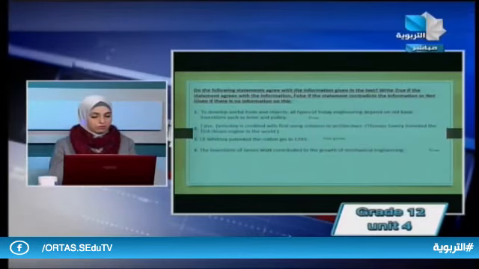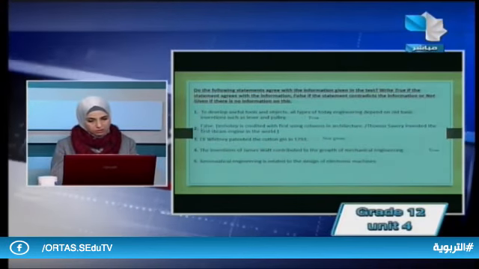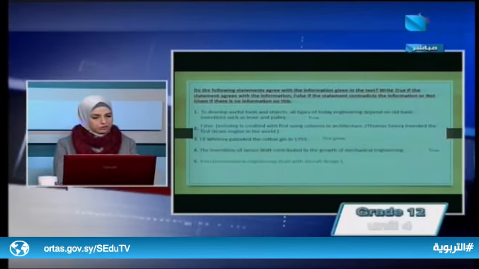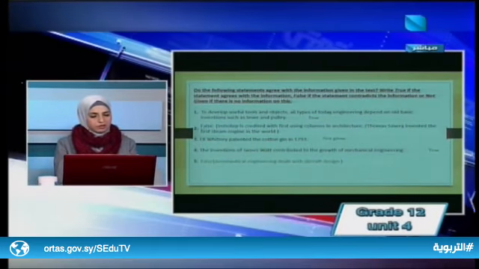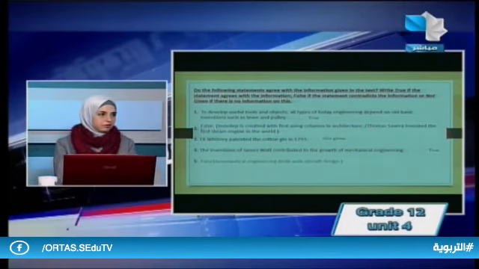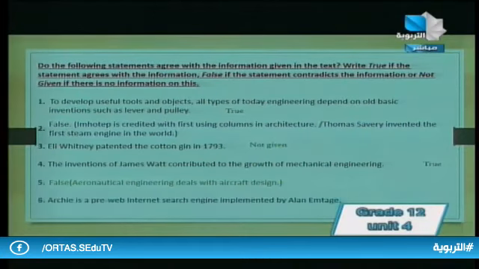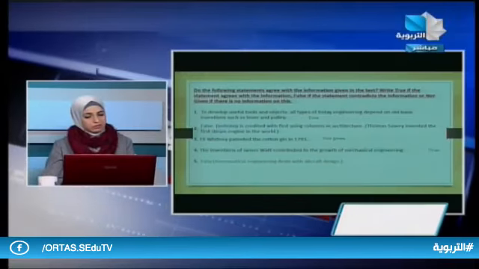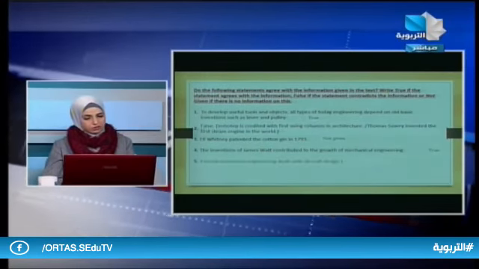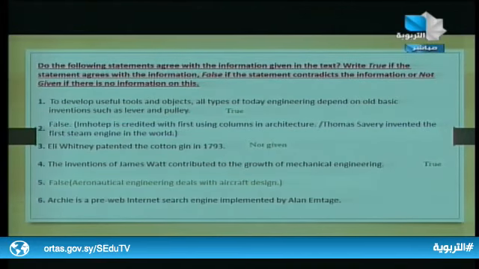It's true. Number 5, aeronautical engineering is related to the design of electronic machines. It's false, because aeronautical engineering deals with aircraft design. And the last one, number 6, Archie is a pre-web internet search engine implemented by Alan Emtage. It's not given here.